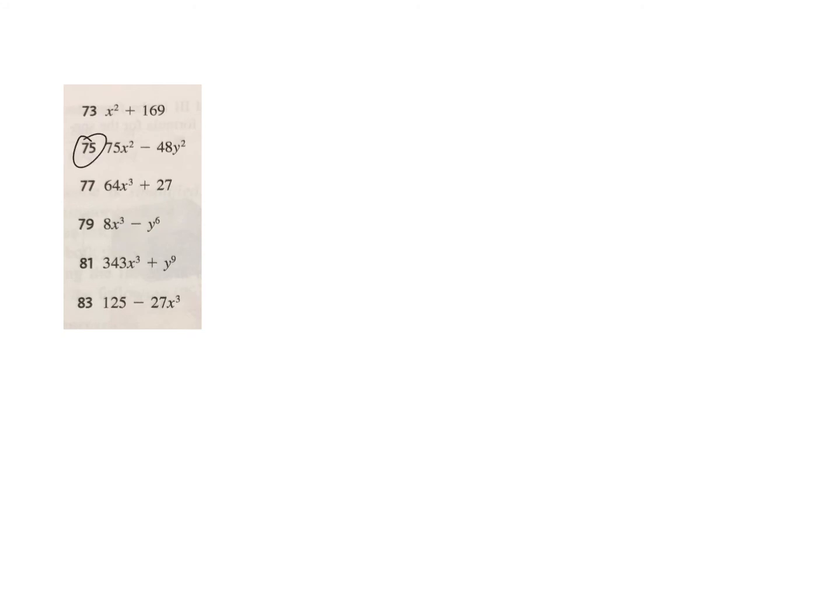Let's do number 75. So on this one, you have the difference, but these aren't perfect squares. 75 is not a perfect square, and neither is 48. So what you should do is ask if you can factor anything out of those. So 5, you have 1 and 75, 5 and 5, 5 goes into it.